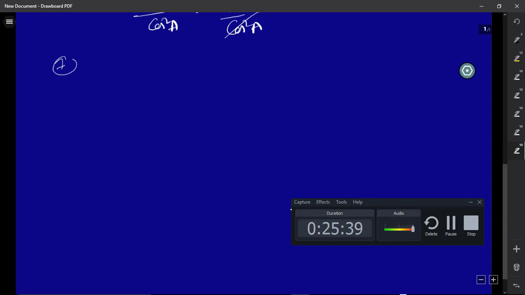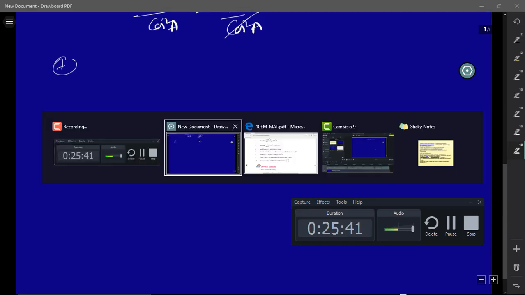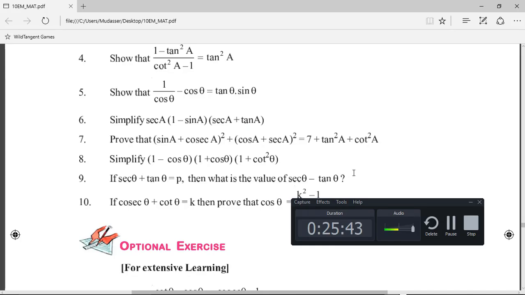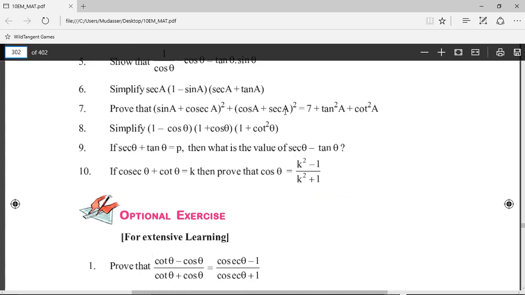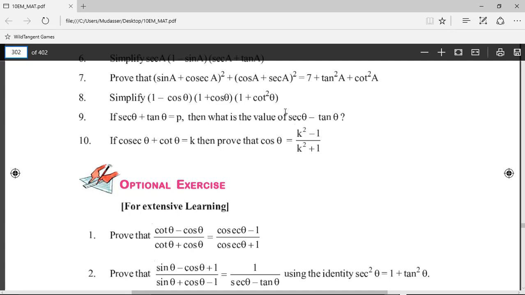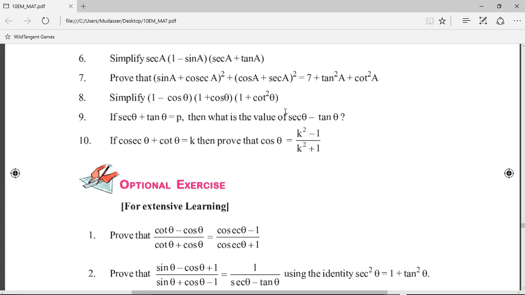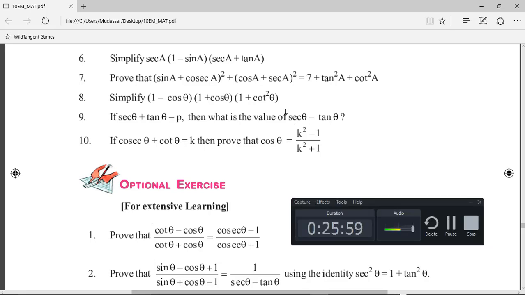Let us go ahead and work on the 7th one now. Prove that sine A plus cosecant A whole square plus cos A plus secant A whole square is equal to 7 plus tan square A plus cot square A. Okay, let us go ahead and prove this.